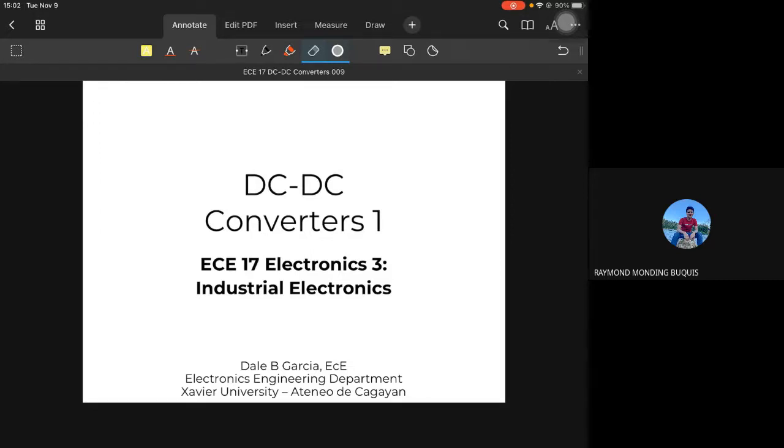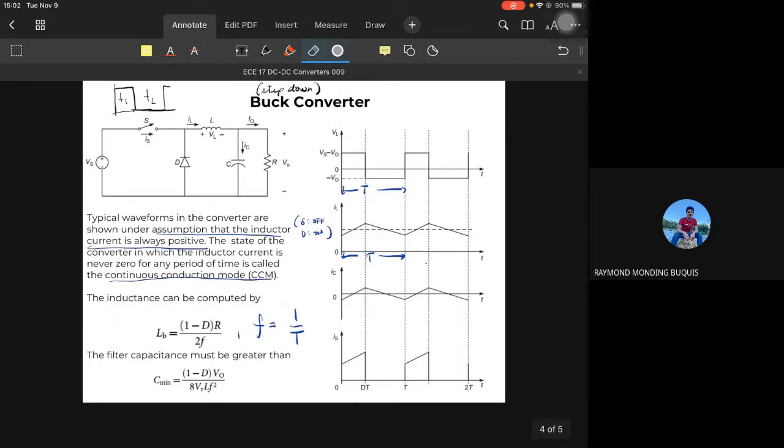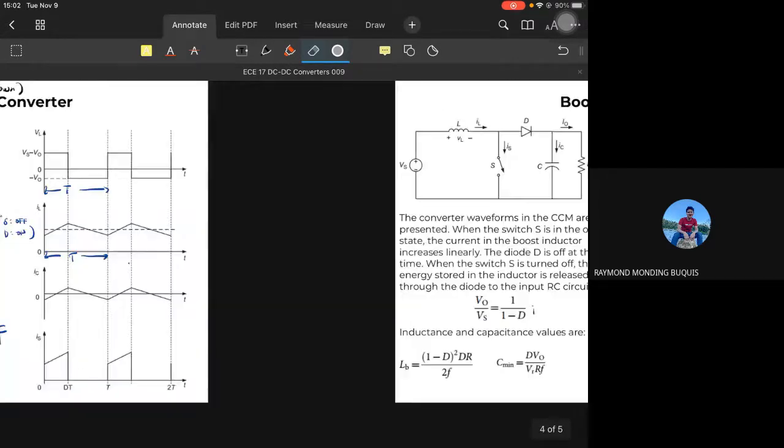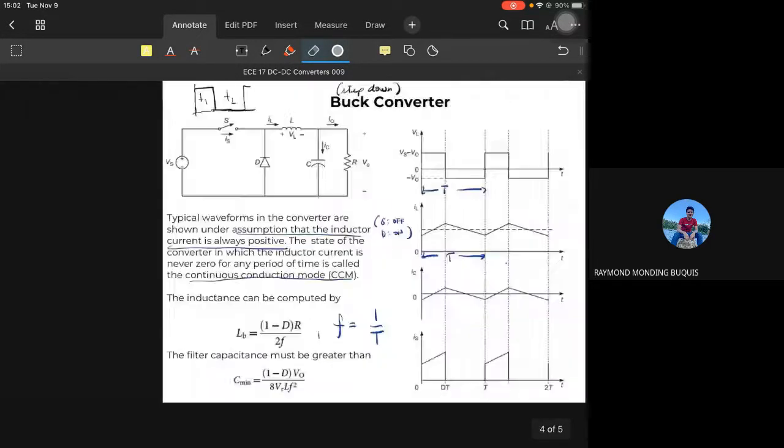Ang saman mo, naki-question. Ano naman diay sa buck converter? Front, back.